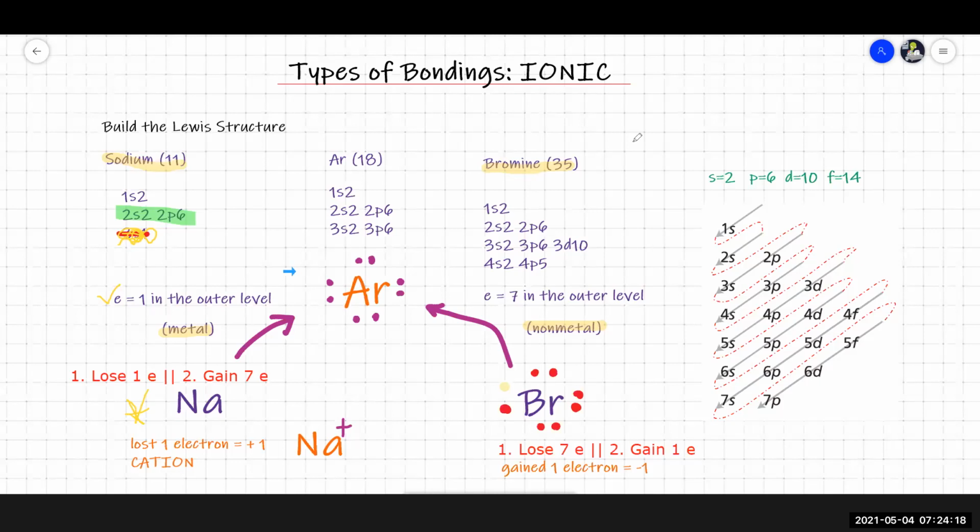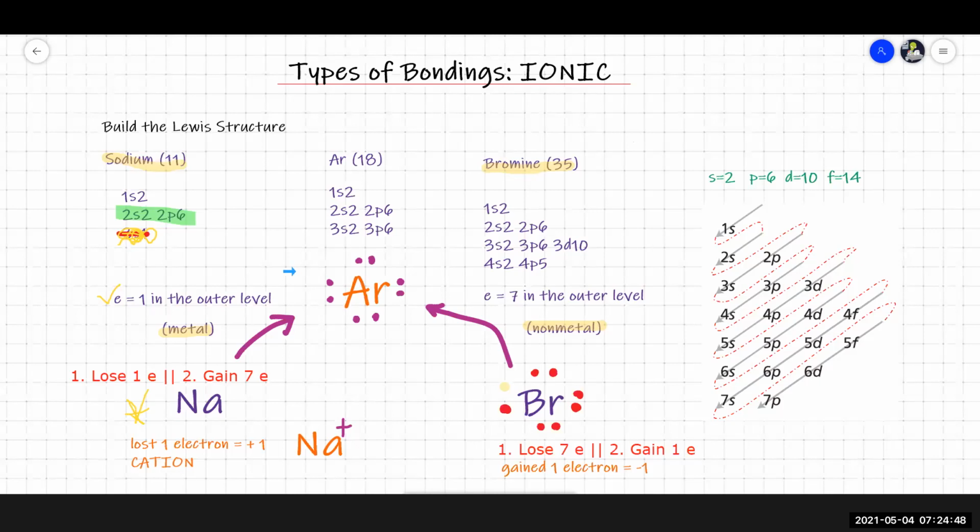So you understand the idea? Elements, atoms in this case, are going to try to sell or to buy electrons, whichever they consider easier, in order to look like noble gases. Of course, they are not noble gases, but they just want to look like them, because looking like noble gases is going to give them the stability that they need.